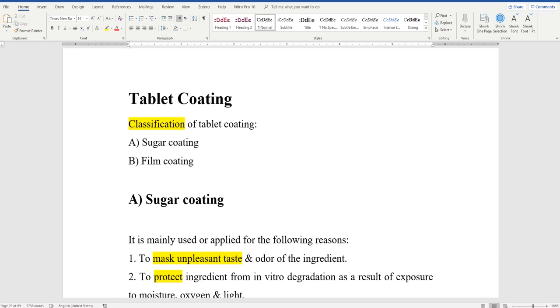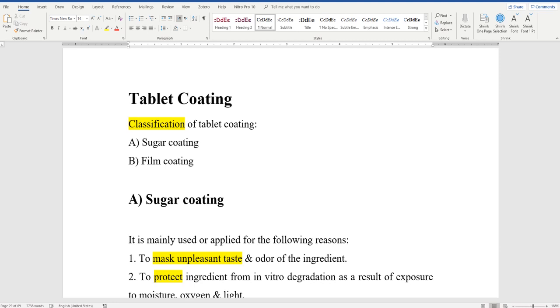Now, if we just like to revise what we talked about last time, we talked about the formulation of tablets, the types of tablets, and the equipment used in making tablets, the methods for tableting, and we also talked about the defects in tablets such as lamination or capping.